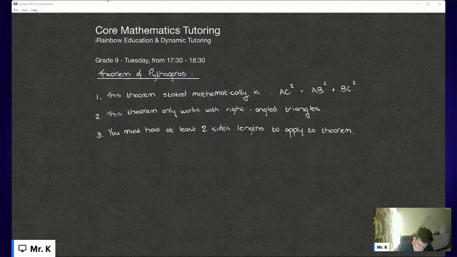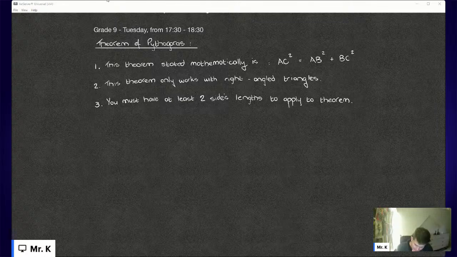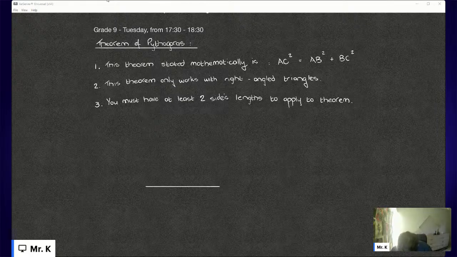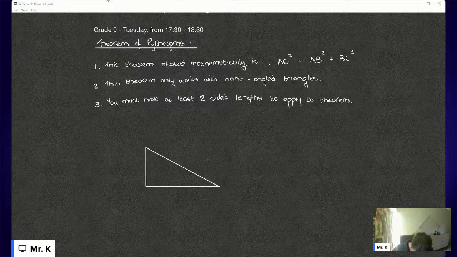Now, I'm going to come back to this in a second, but I want us to take a moment to quickly take a look at a right-angled triangle, because there are a few misconceptions about all of the labeling conventions that we use when it comes to working with triangles. So let's discuss this very quickly.